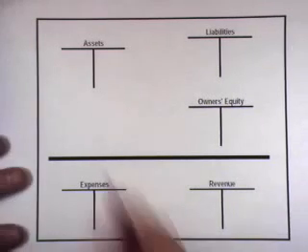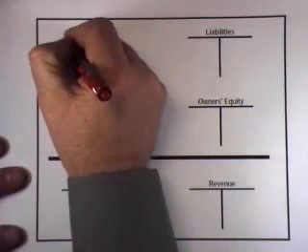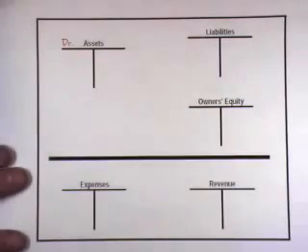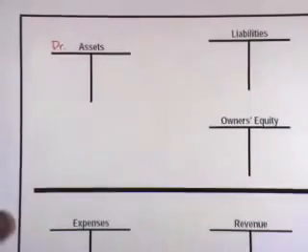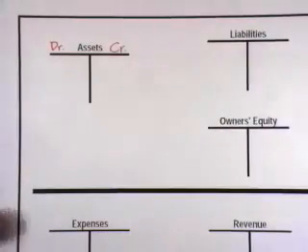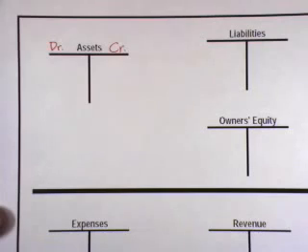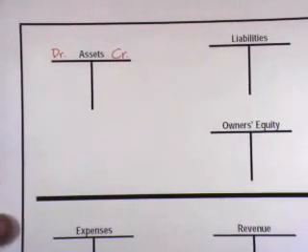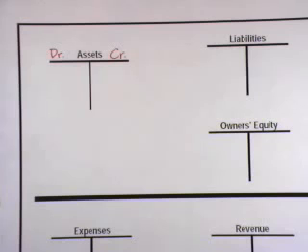The left side is always going to be the debit side, which we'll abbreviate as DR. And the right side of every account is the credit side, and that's all that debit and credit mean, is left side and right side. That does not imply whether to increase or decrease the left or the right side.